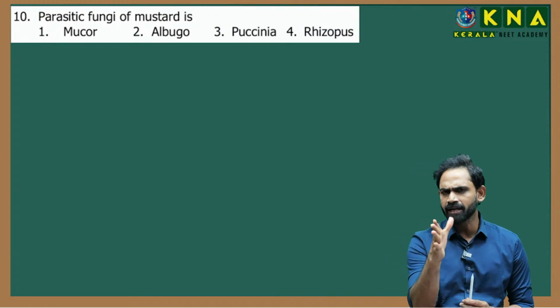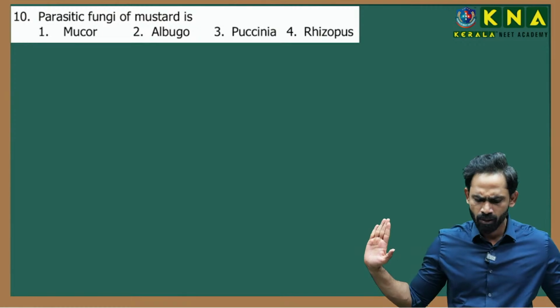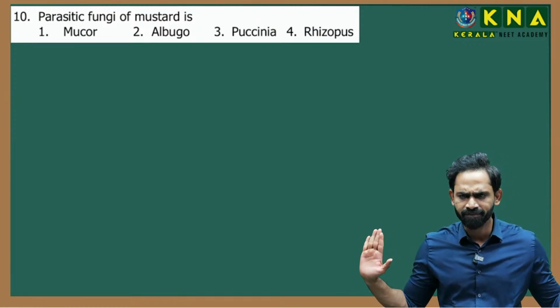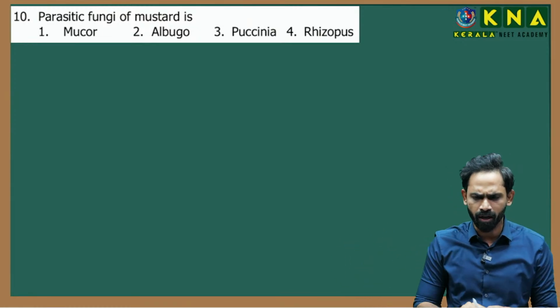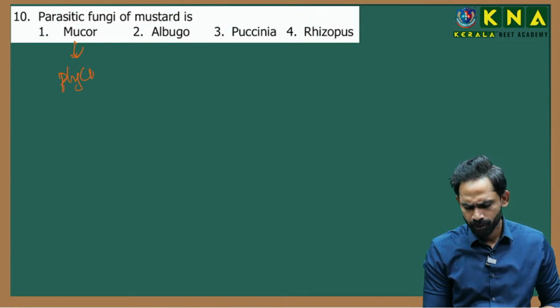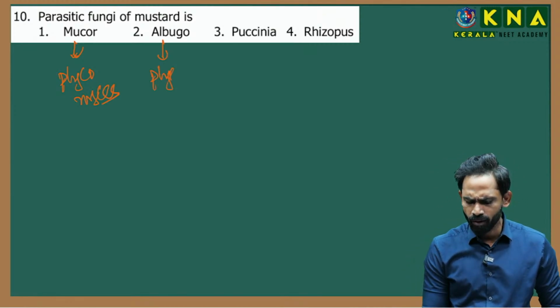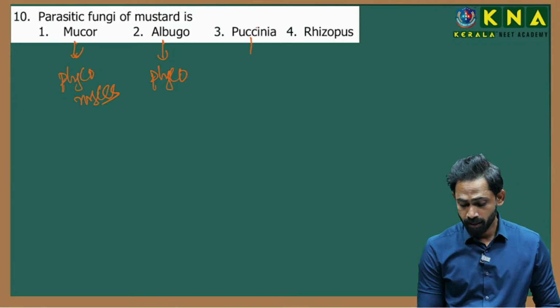That clear difference you can understand with biological classification. Okay, which one is a parasitic fungus of mustard? First, Mucor. Mucor belongs to Phycomycetes. Next is Albugo, also related to Phycomycetes. Puccinia is related to Basidiomycetes.